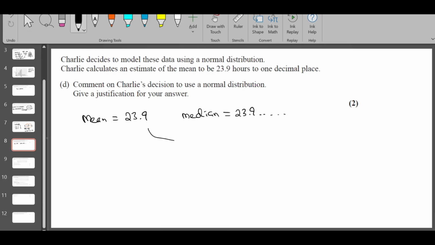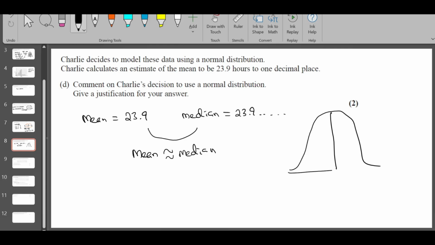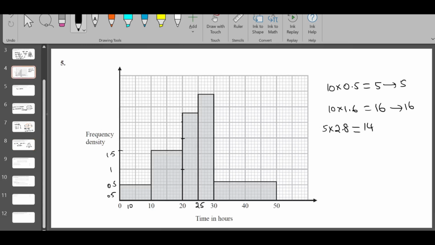If you are comparing these two, mean is approximately equal to median, right? Because if you want to use a normal distribution, the data has to be symmetrical. We always use the bell curve, which should be symmetrical about the middle line. But if you look at this histogram, it's not symmetrical actually. You have a long bar here.